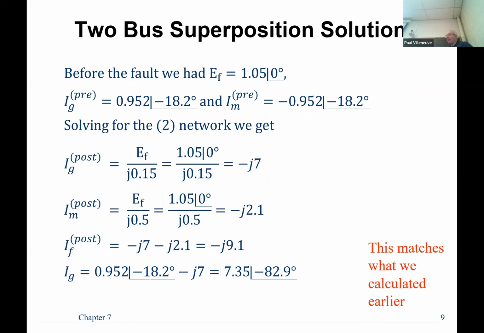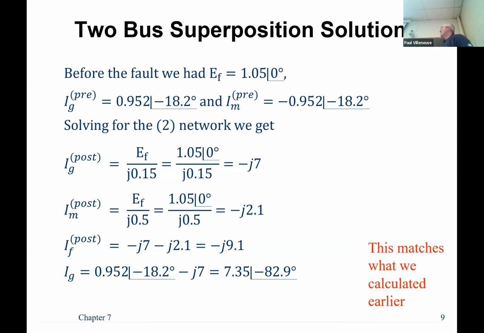So let's do that same problem that we had before. Let me move this up out of the way, and let's see if we get the same answer. Pre-fault conditions, I got the two currents. We already calculated what the current needed to be: 0.952 at an angle of minus 18.2. Now I've got to put in a power supply in the opposite direction.